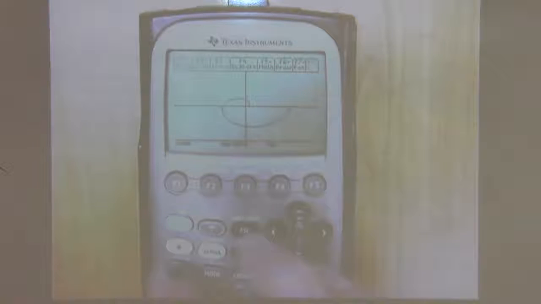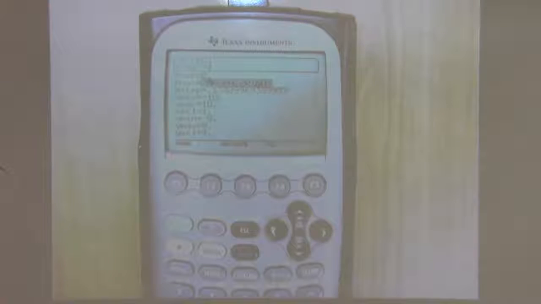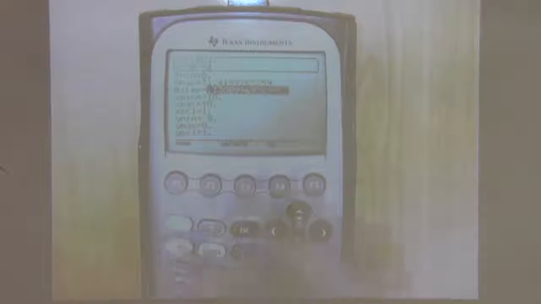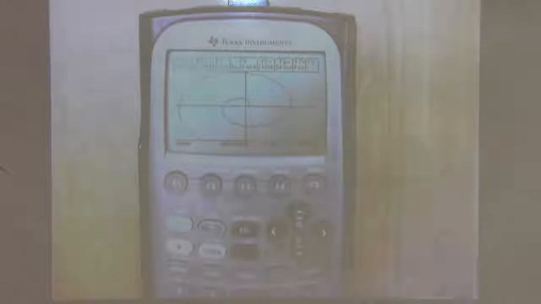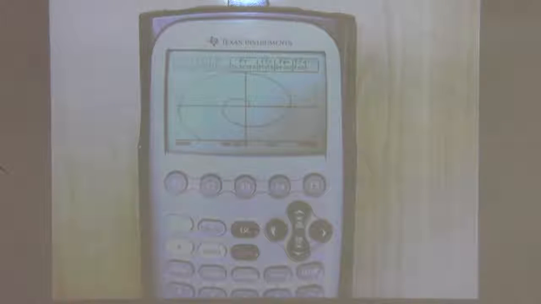Oh, that's 0 to 2 pi. So if I take this and go out to like 10 pi, it swirls out of control like that. Kind of cool. Continuing.